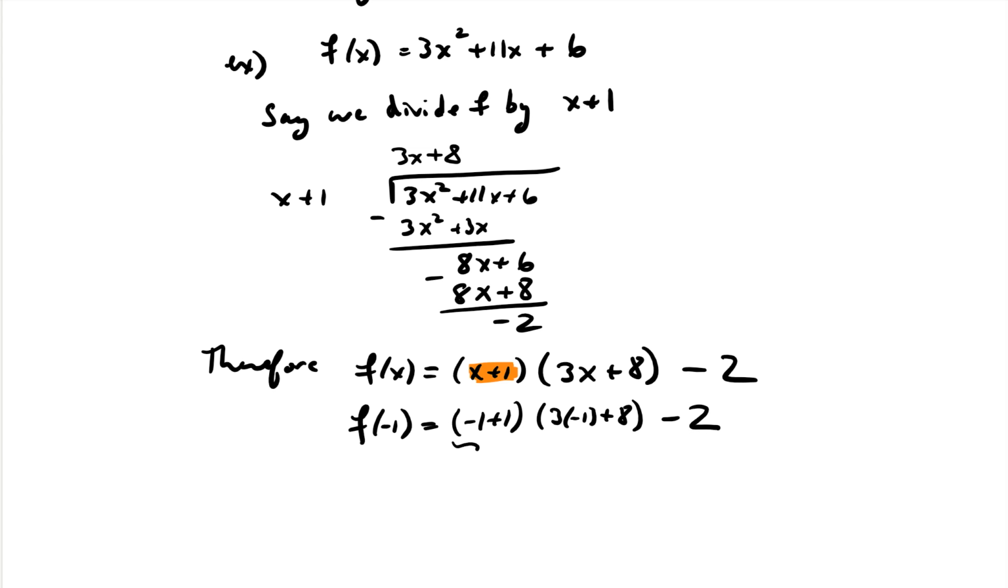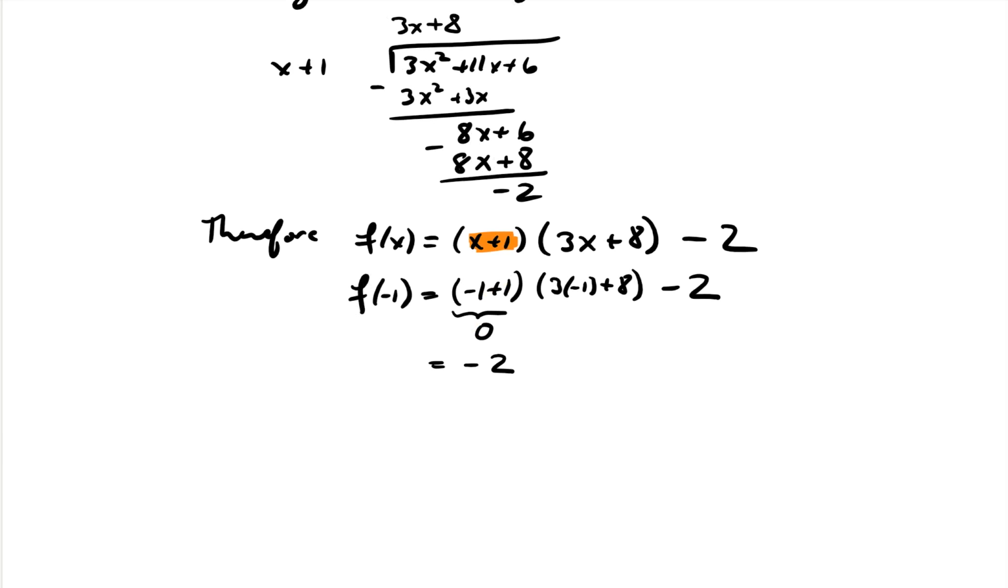So this is 0 times, I can calculate the other number. It's minus 3 plus 8, so it's 5. But it doesn't matter, it's going to be 0 times that. So it's going to be essentially minus 2. So if you choose for x the value that makes the divisor equal to 0, which in this case is minus 1, you're going to get the remainder.